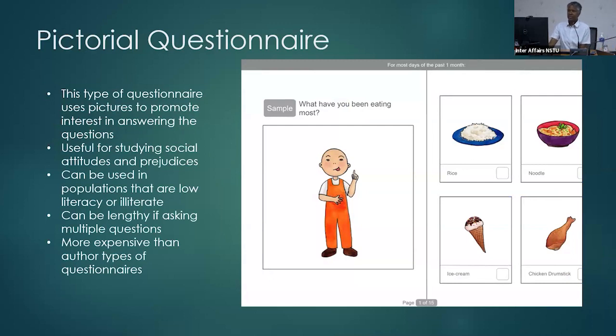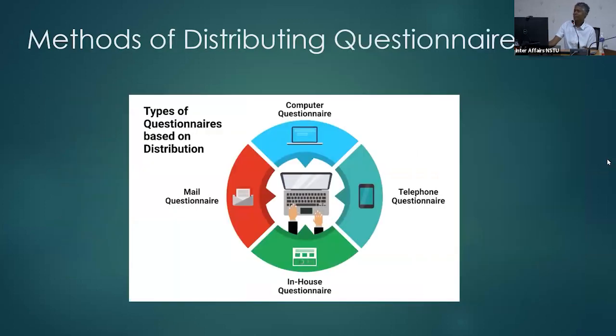Using pictures is good for children, people who have low health literacy, or a person who has lower cognitive abilities due to a brain injury, or even someone like myself who has a poor use of Thai, a picture like this would help me to be able to point to what I would want for my lunch, even if I didn't know the term for it. Right? So again, thinking about your population and what information that you want.